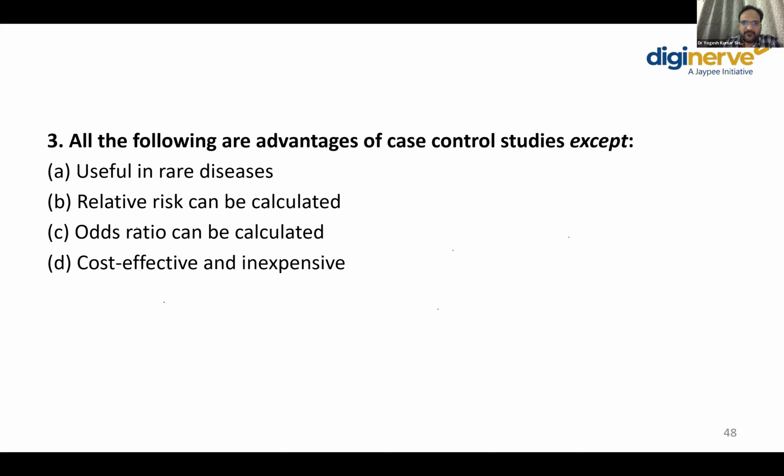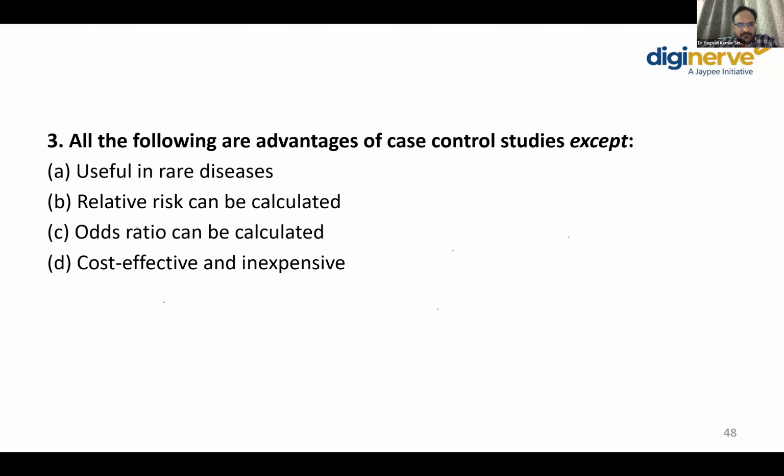Okay. Now for you: all of the following are advantages of the case control studies except. Ready? Fast. Someone is saying option B, option A. The advantage except means the wrong one.